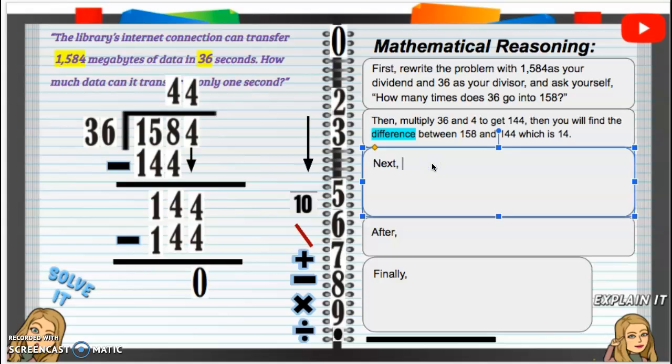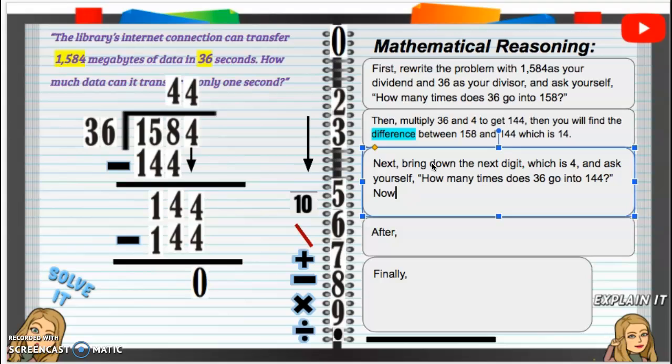All right, next, bring down the next digit, which is 4, and ask yourself, how many times does 36 go into 144?